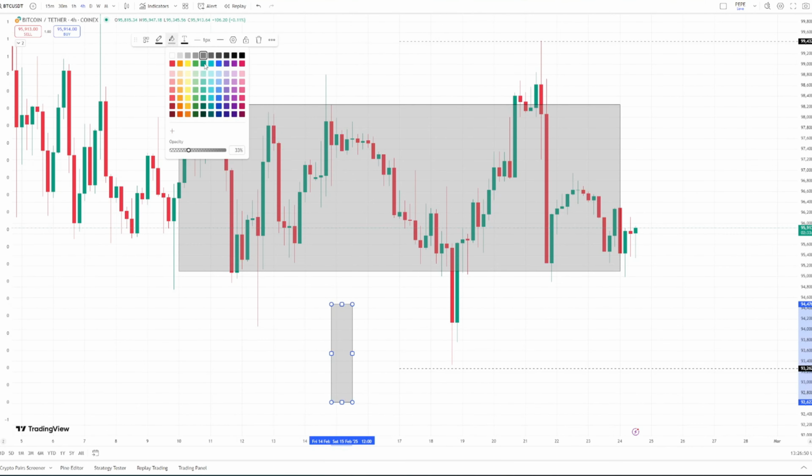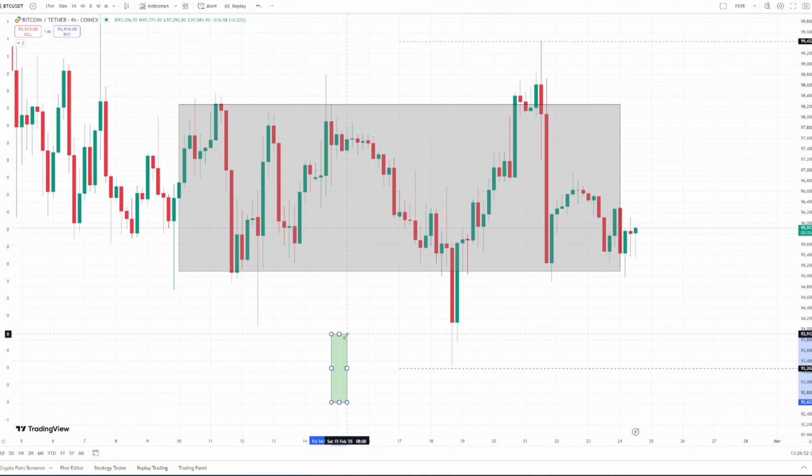Let me make it green. It is never like this. It's never like this. It is always going down, creating a wick below, and then going up.